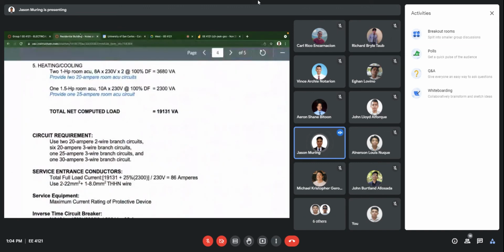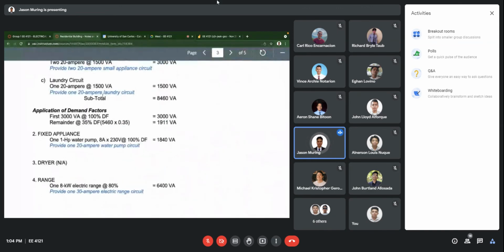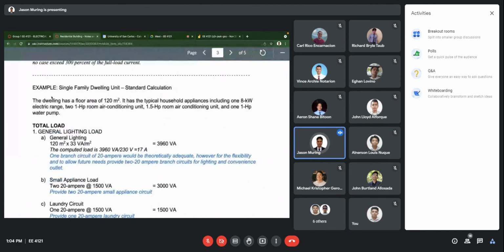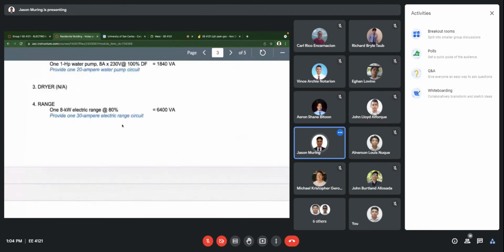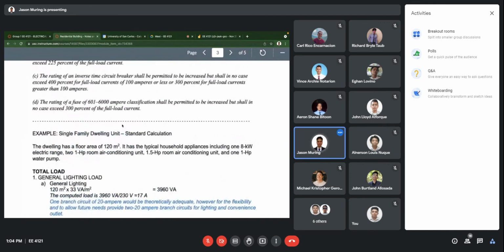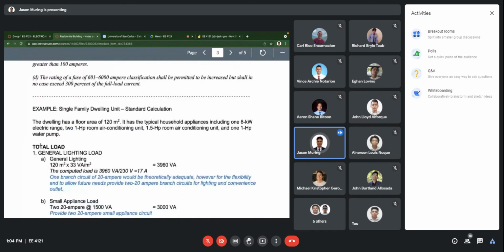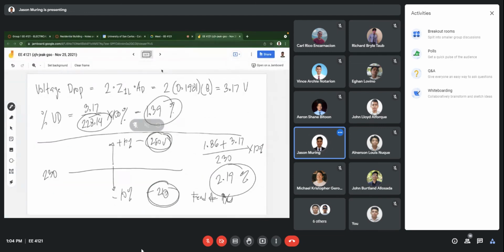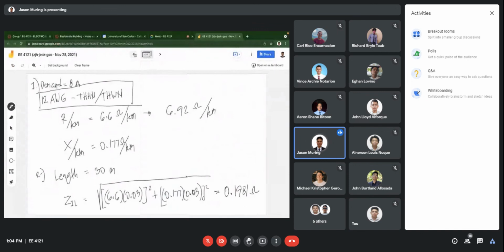It is a by-group assignment in which you are going to design, for example, a house, then you calculate the demand and the voltage drop for whatever design you come up with. That will be by group and I'll give it later. For now, any questions about the calculation of voltage drop?